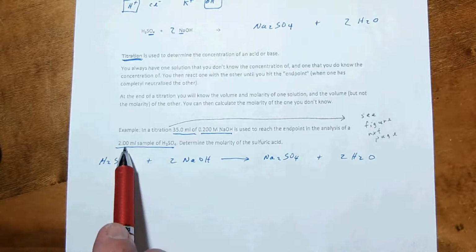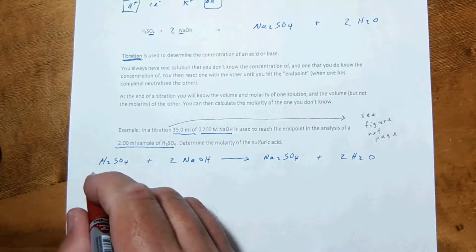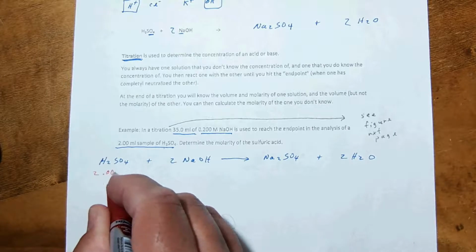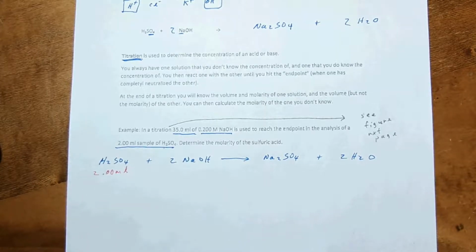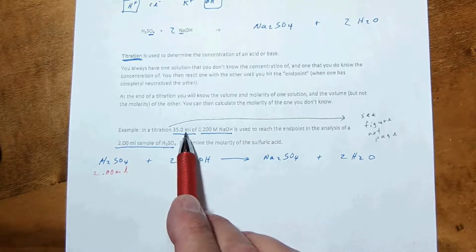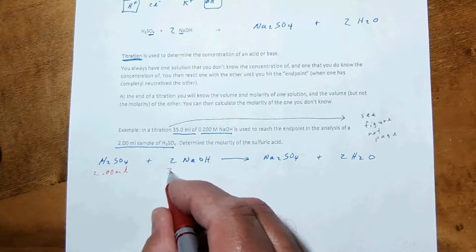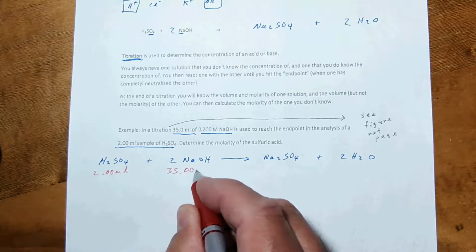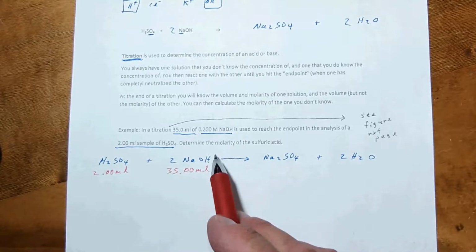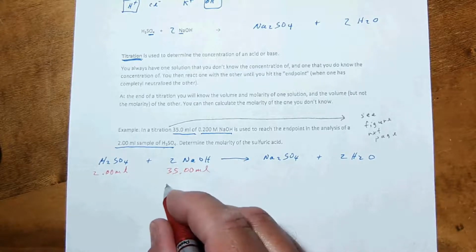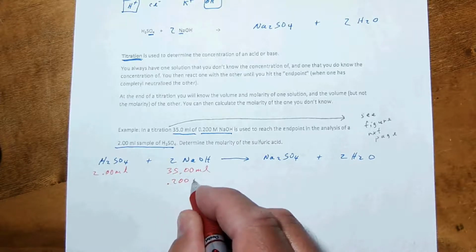You've got a volume for your acid, so we have 2.00 milliliters of our acid. We've got a volume for our base, 35.00 milliliters. We know the molarity, we know the concentration of that base. We were given that 0.200 molar.